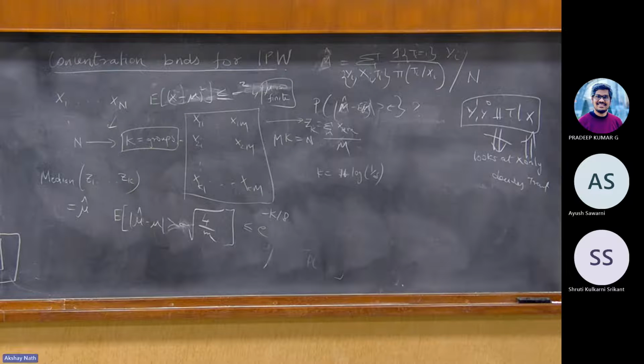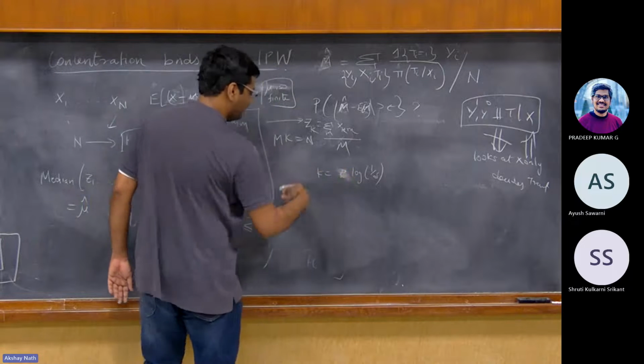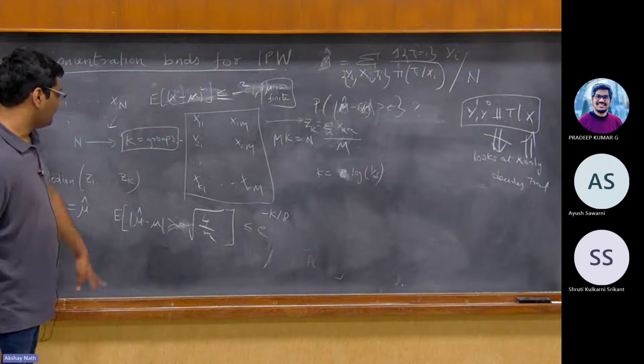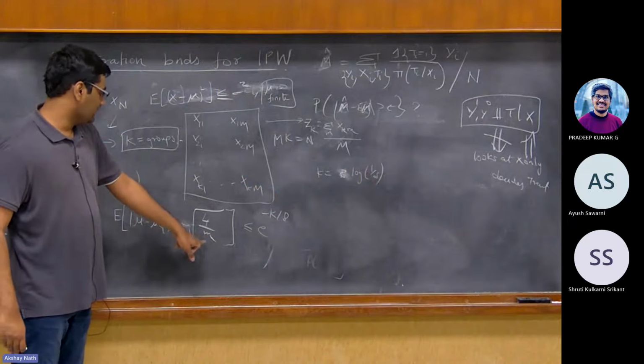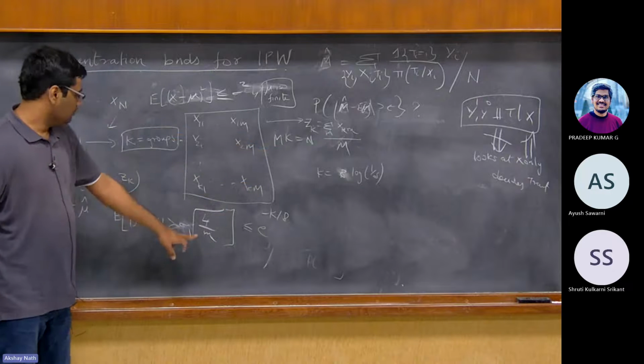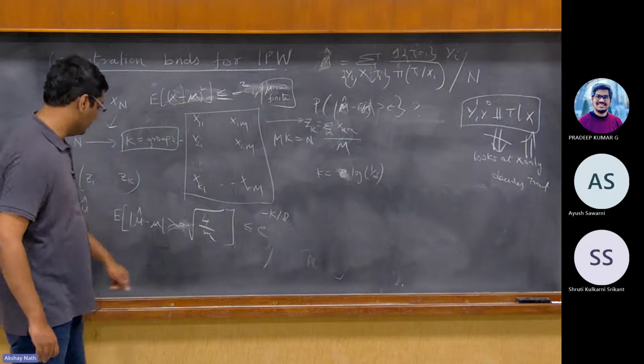Okay, so this is sufficient. So 8 log 1 over delta. You can change these numbers, not very important. If you substitute it back here, m is n by k. So you'll get 32 log 1 over delta divided by n.